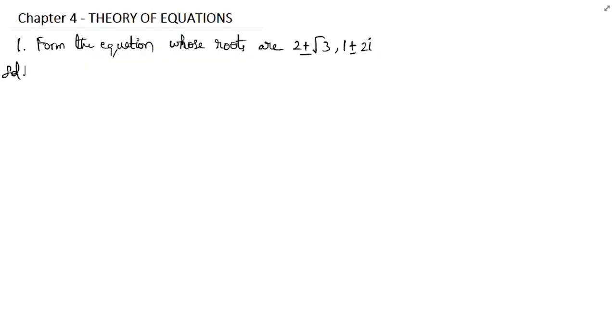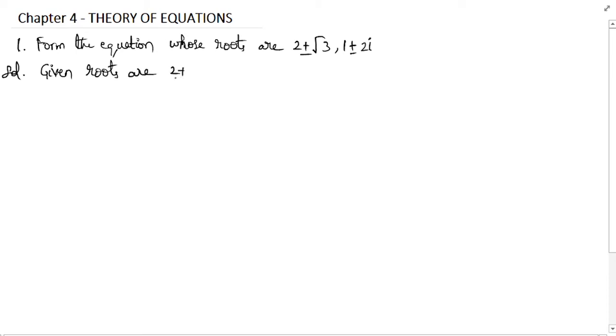The first one: form the equation whose roots are 2 plus or minus root 3 and 1 plus or minus 2i. So the solution for this is, given roots are 2 plus or minus root 3 and 1 plus or minus 2i.